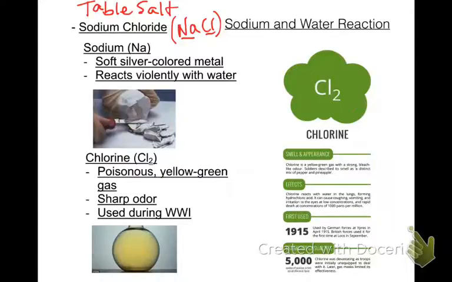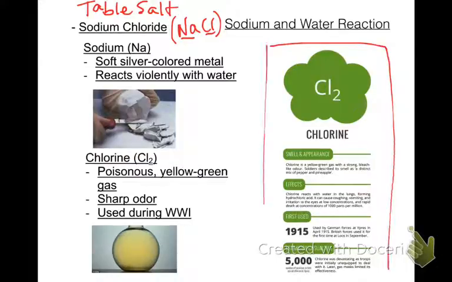If we take a look at this right here, it's a yellow-green gas that has a strong kind of bleach-like odor. Basically, what it's going to cause you to do is it's going to react with the water in your lungs, forming a very strong hydrochloric acid that could cause death at 100 parts per million. So pretty readily it's going to cause some kind of death, some kind of major issues.